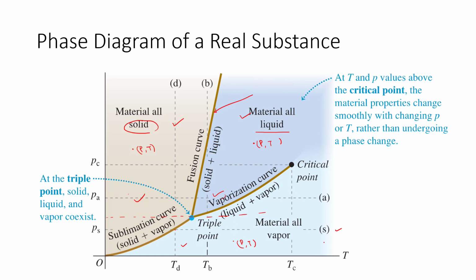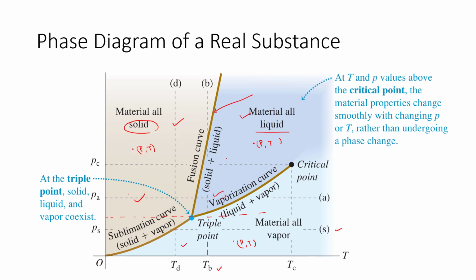If we look at line B, this vertical line, we see that it's a constant temperature line. So temperature along this line is constant, which is TB, and along that line the material passes from vapor to liquid and then to solid at the points where line B crosses the vaporization curve and fusion curve respectively.